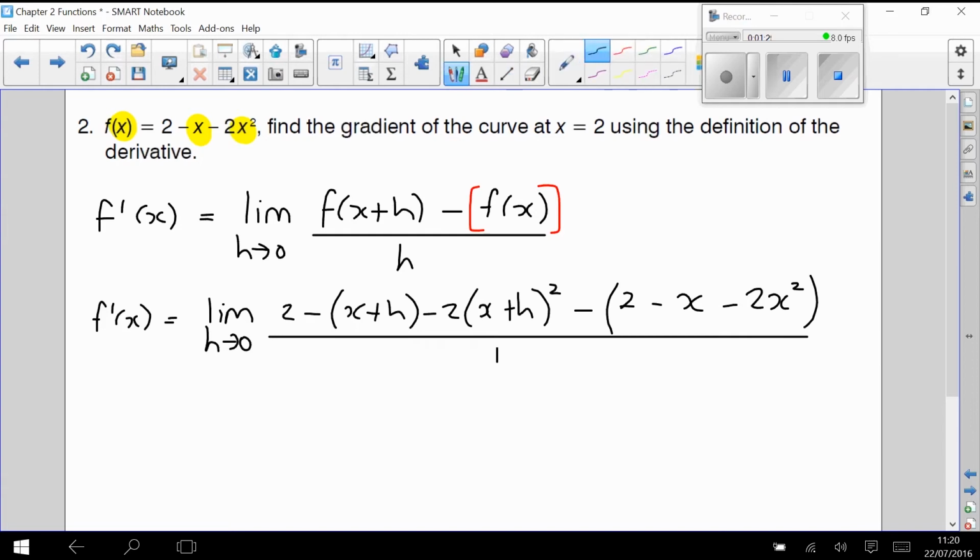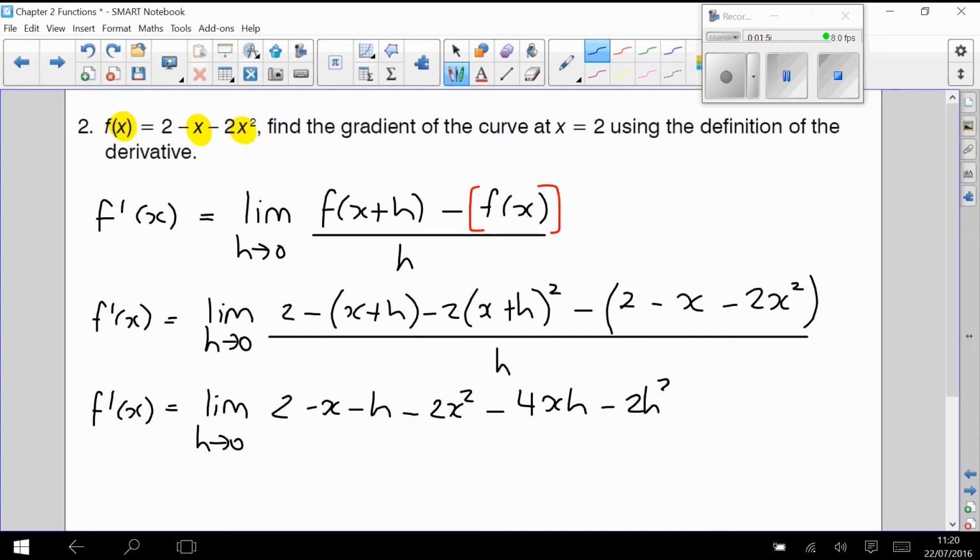Like we did before, our next step is to simplify our numerator. Simplifying my numerator, I'm going to get the following: 2 minus x minus h minus 2x squared, and then minus 4xh minus 2h squared, minus 2 plus x plus 2x squared, all over h.